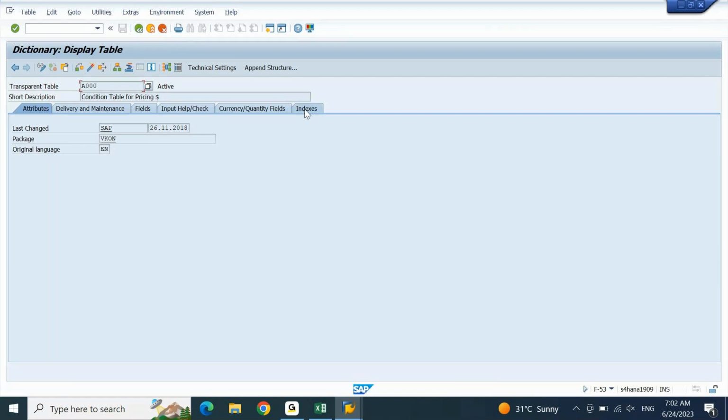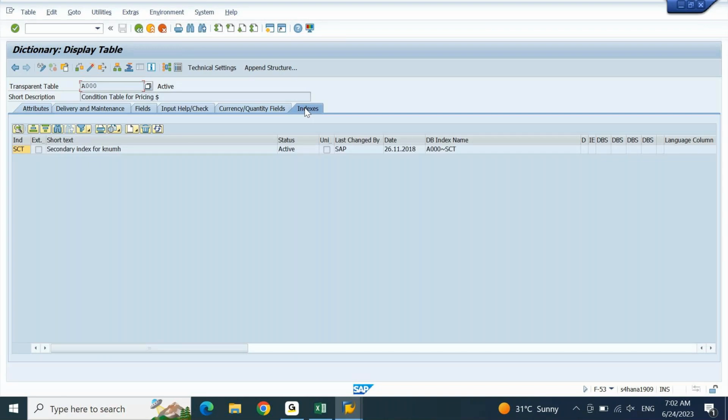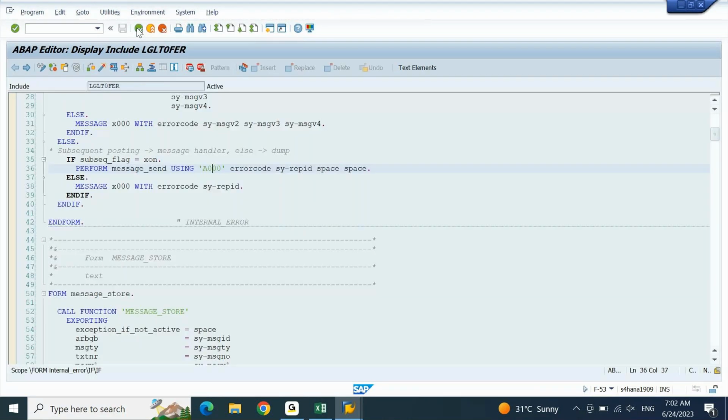Sir, is any configuration pending? No, we have not. This is nowhere related to MM. This is a pure finance transaction. This is an internal error.